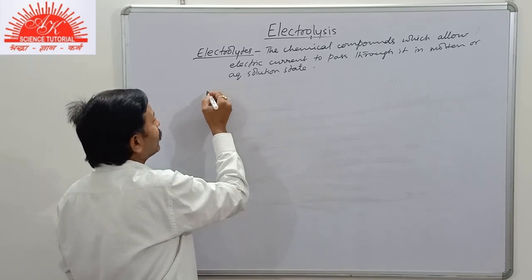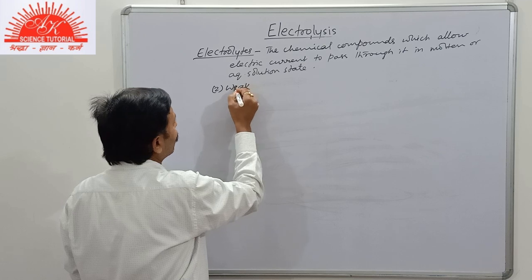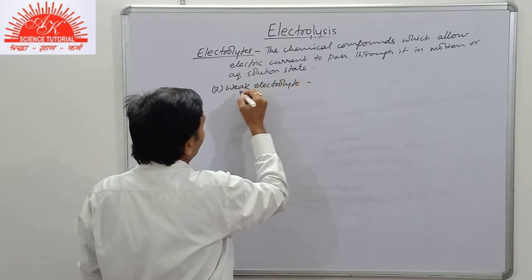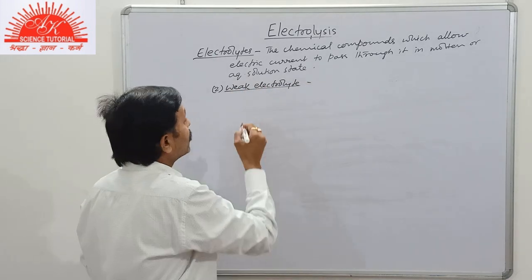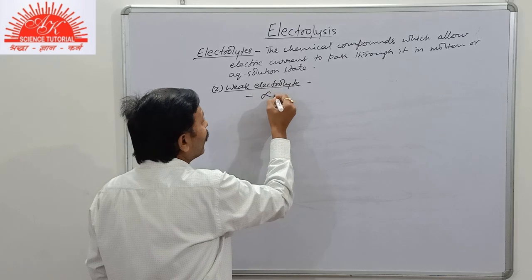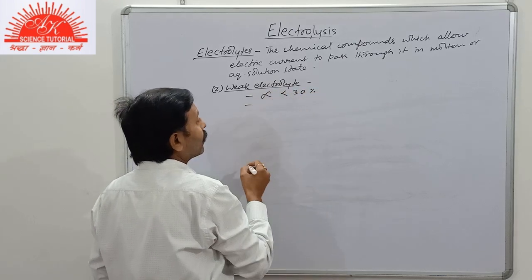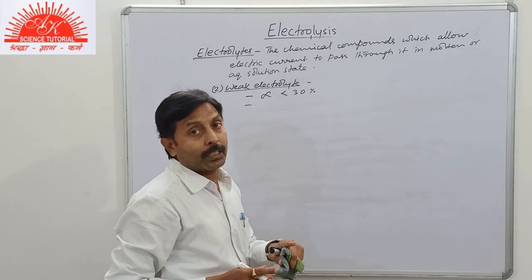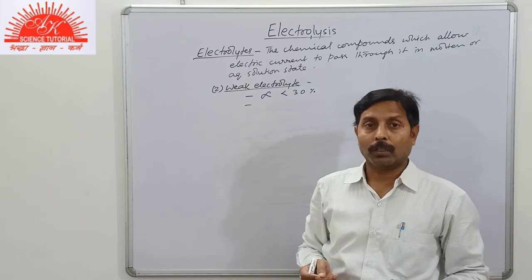Now there is the weak electrolyte. We explain it again on the basis of similar points. Alpha less than 30%. Since there is partial ionization or dissociation, in the solution there will also be the presence of molecules.